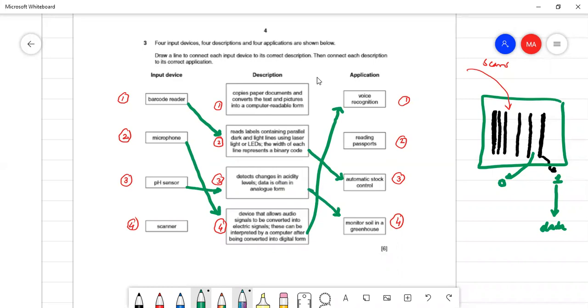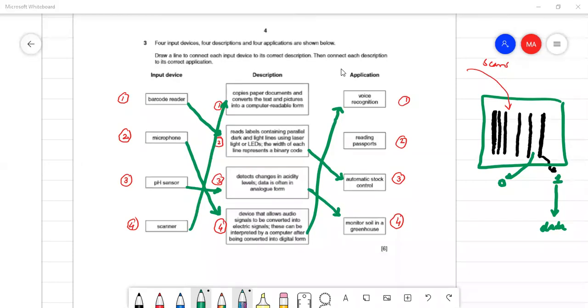And the last one is a scanner. A scanner is an automatic device. So it is obviously connected with the first description. And then it is connected with, yes, which application?